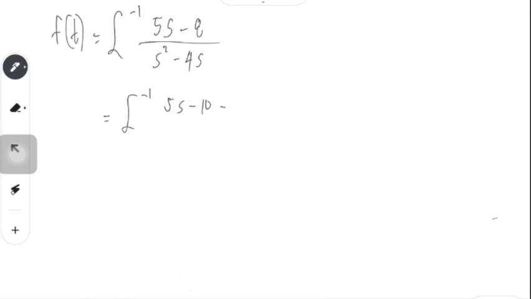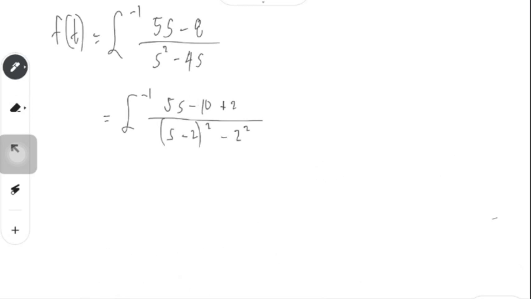Then, minus 10 plus 2, divided by, tingnan natin. Completing the square is minus 2 quantity squared, twice the product, the square of the last term, then minus 4.